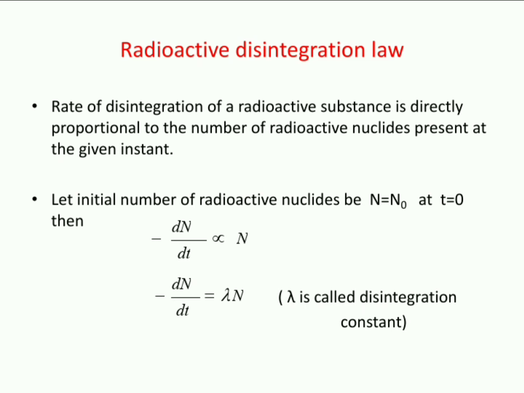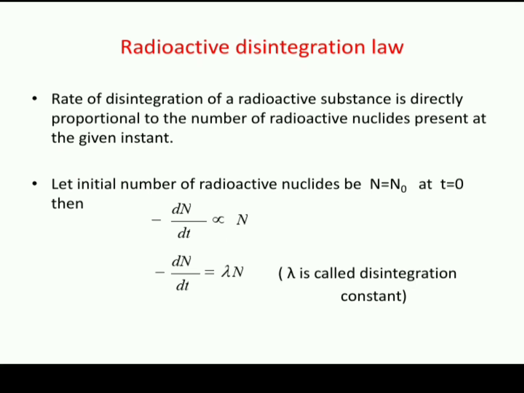So the disintegration law states that the rate of disintegration of a radioactive substance is directly proportional to the number of radioactive nuclei present at the given instant. Okay, so if N is the number of radioactive nuclides at a given instant, N0 is the initial number of radioactive nuclides, then as per the disintegration law, you can express it in mathematical form as minus dN by dt is proportional to N. When you remove the proportionality, we write a constant, and this constant is represented as lambda.